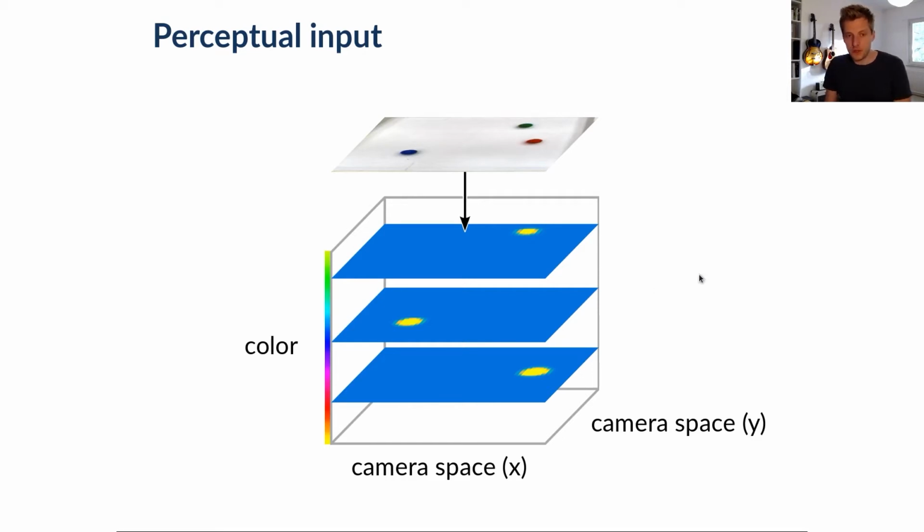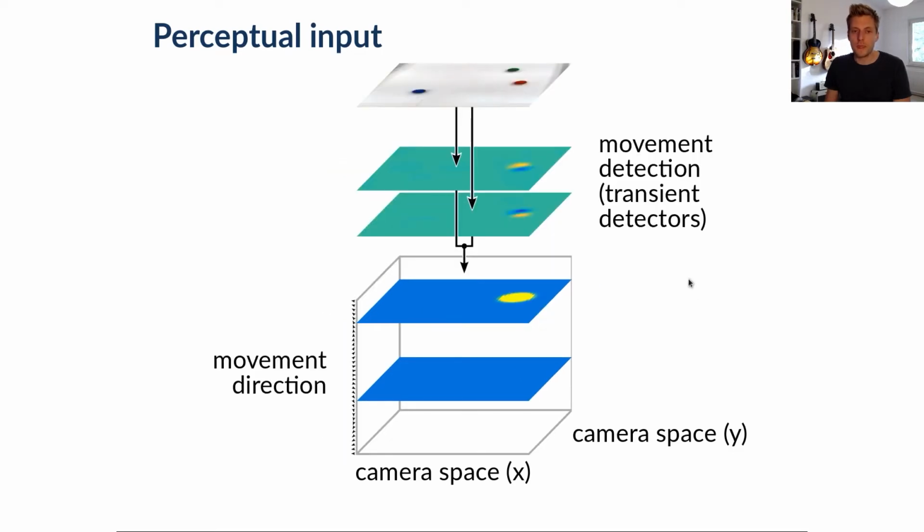There's another field like this, which also receives this activation distribution, which is defined also over X and Y space of the camera, but the third dimension is not color, but movement direction. It works in a similar way.